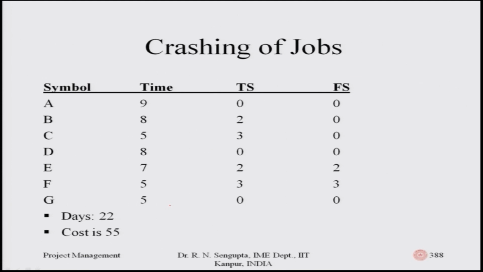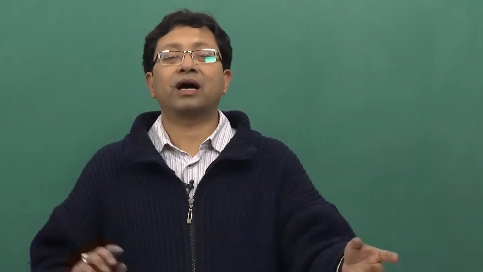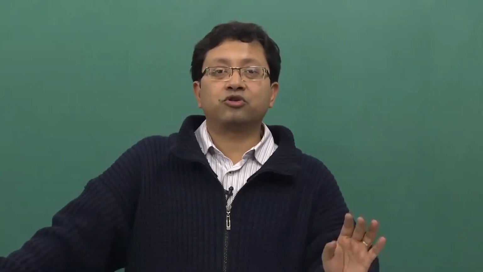Now, obviously, it will increase from 55 to 57. So, as noted down here, 1 day reduction in A decreases the time duration from 22 to 21 and increases the cost from 55 to 57. Now I will ask whether it is possible to reduce this further. So, let us go step by step.